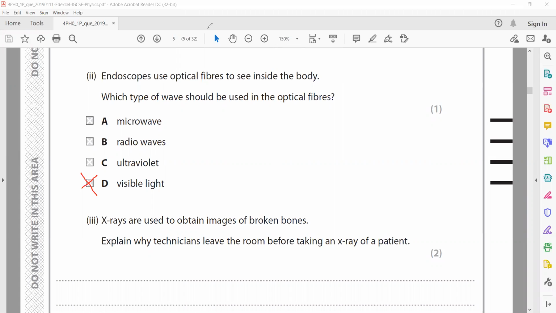Explain why the technician leaves the room before taking an X-ray of the patient. So why is the technician leaving the room?